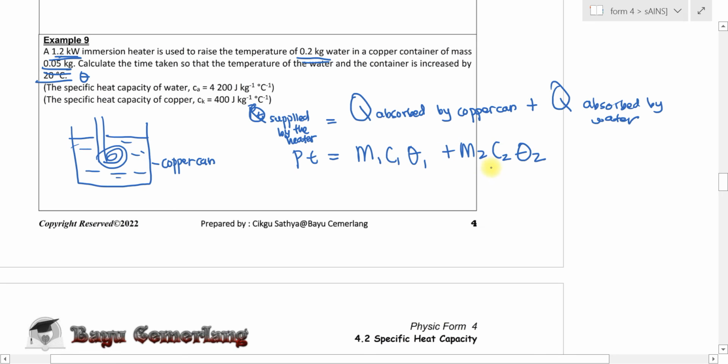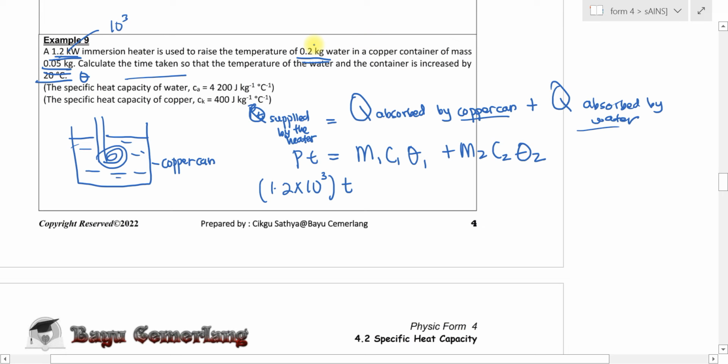Kenapa saya guna C1 and C2? Because both are different substances. One is copper can, one is water. Okay, kita cuba ganti dan tengok. Calculate the time taken je kan, dia tanya. Okay, power dia adalah 1.2 kilo. Kalau kamu tengok kilo, kilo tu apa value dia? Times 10 to the power of 3. Kan? Okay. Dalam 1000 boleh. Tapi you train your physics, kalau nampak kilo je 10 to the power of 3.